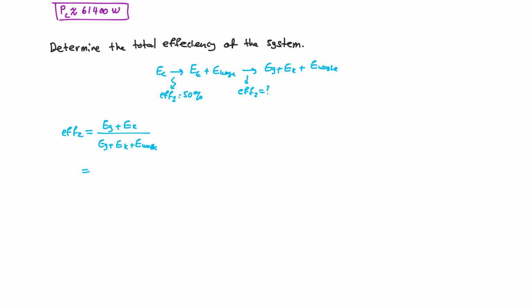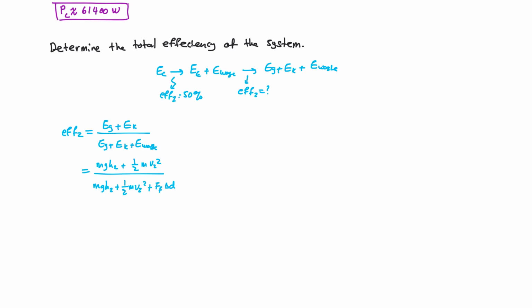So we know that EG is mgh, that's height 2, plus EK, which is half mv2 squared, plus the waste. The waste is the frictional one, which is the force of friction multiplied by its distance, multiplied by cosine of theta, which we don't have to include in this case because we're just adding all the positive values.